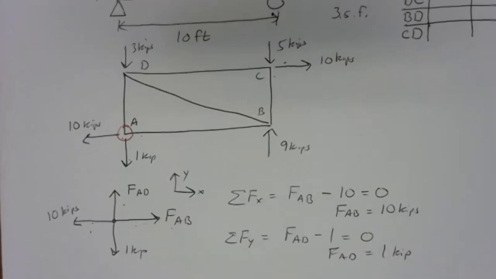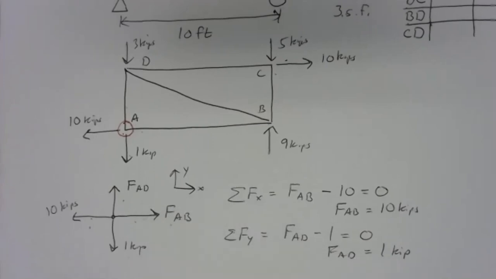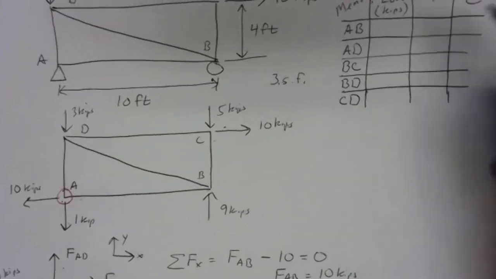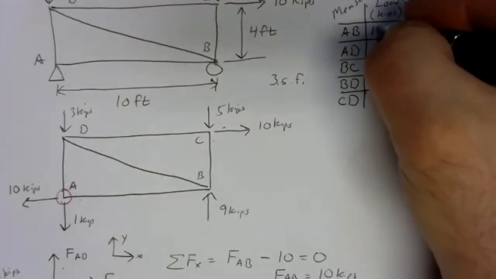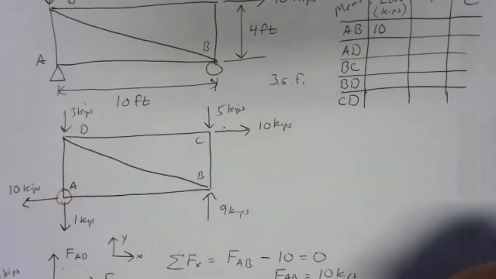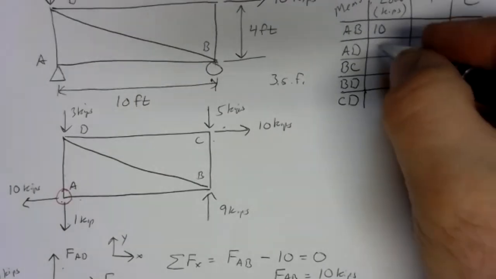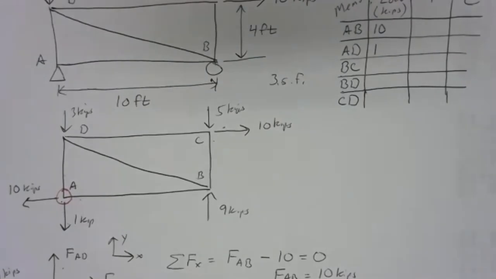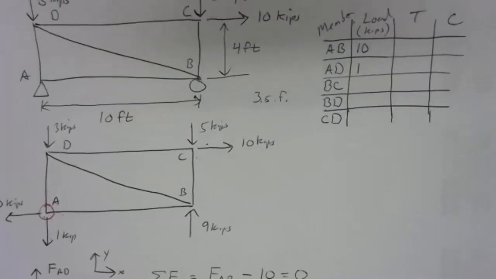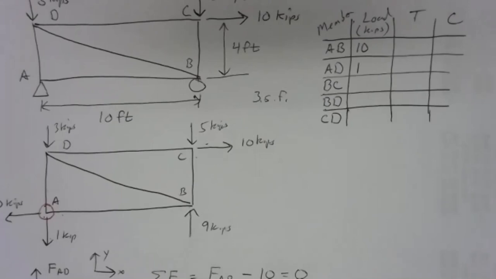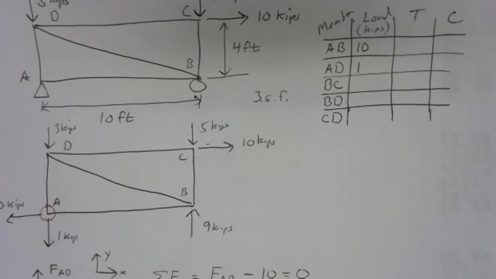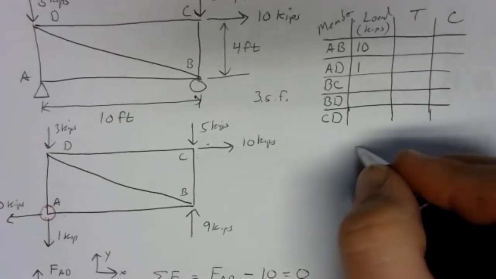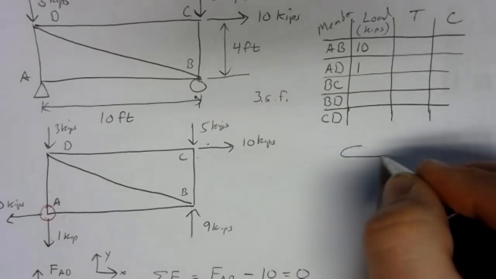So both of our answers came out positive because our assumed directions were correct. So we can go to our table and fill in FAB is 10 kips and FAD is 1 kip. But we have that unfortunate task of figuring out if these members are in tension or compression. So what I would do in your first several problems that you're working with this is draw this somewhere on your page.